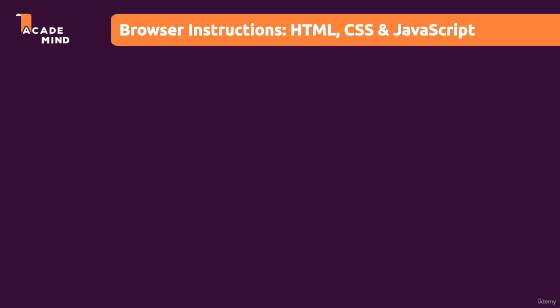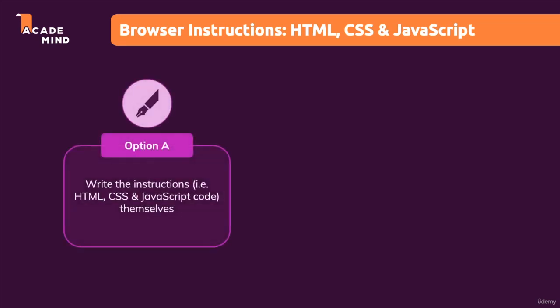Option A is that you write the instructions yourself, that you write all the HTML, CSS, and JavaScript code your users will see yourself, and it's exactly the same code for every visitor. And often that's the right option because often you have websites where every visitor should see the same result.